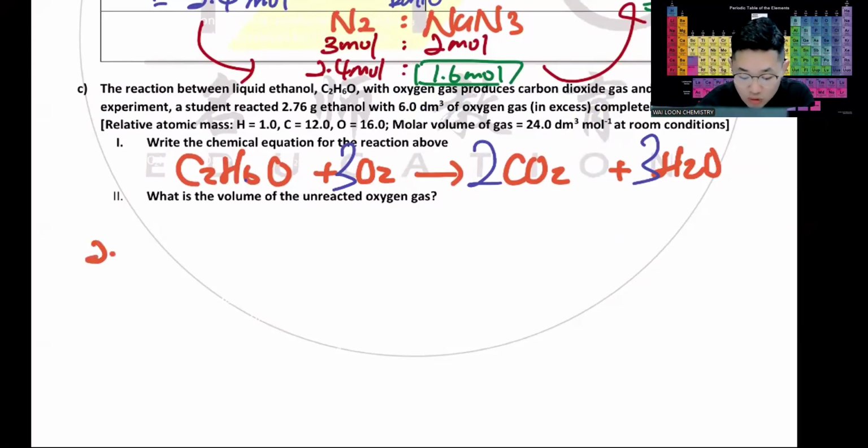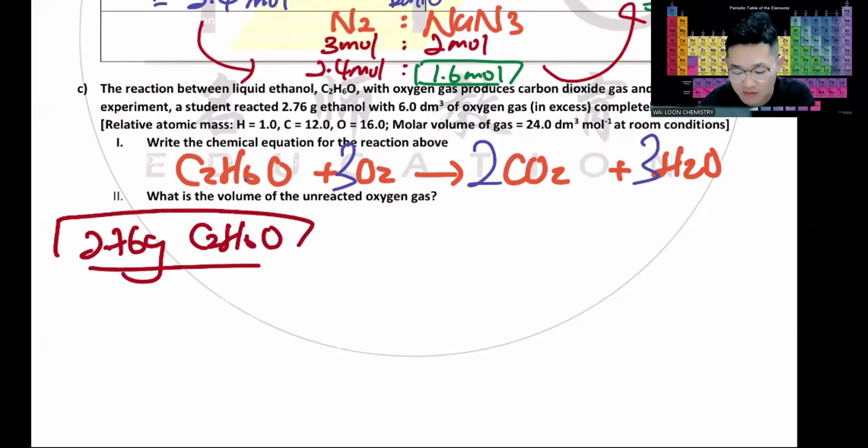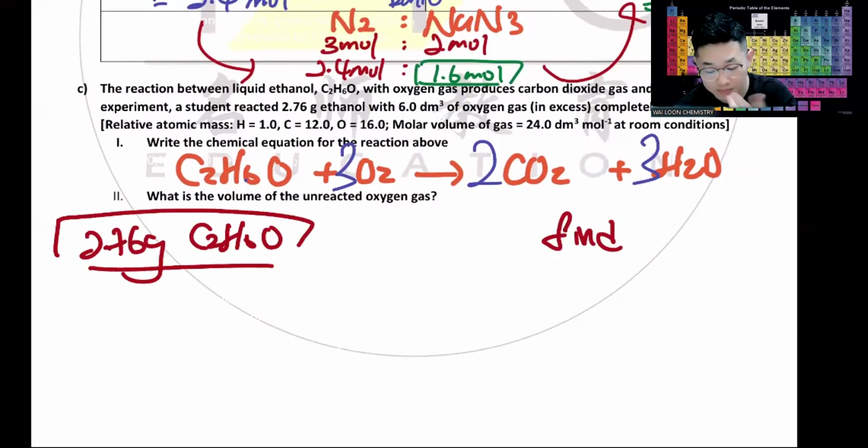They gave me 2.76 gram of ethanol, the C2H6O. This is what they gave me. And now I'm trying to find the volume of oxygen gas.